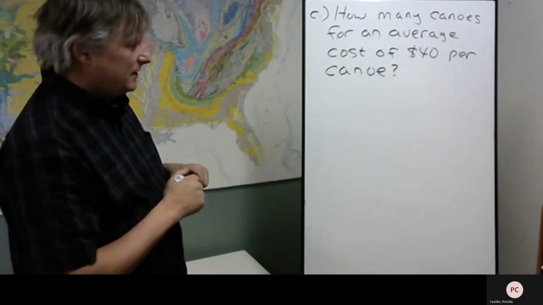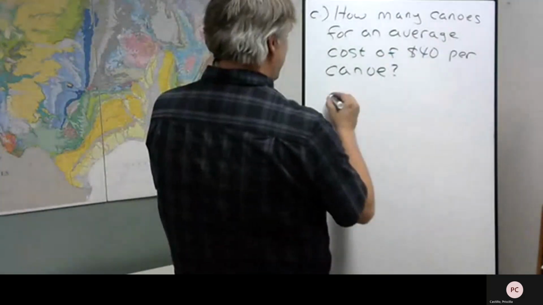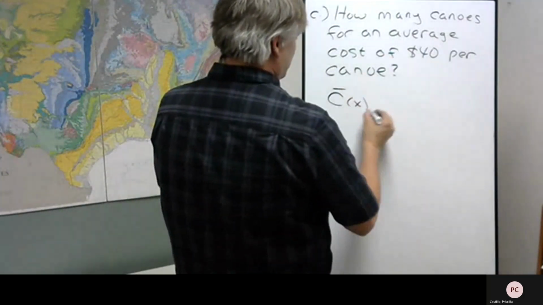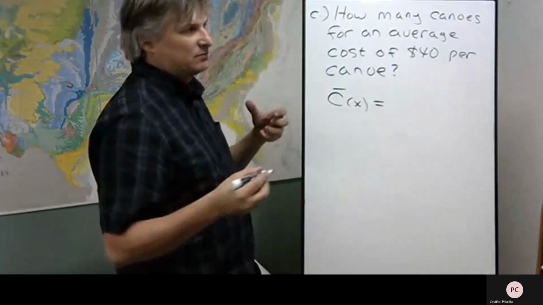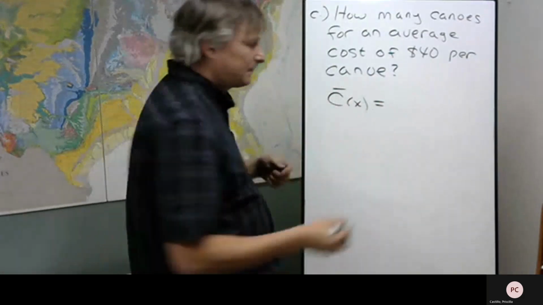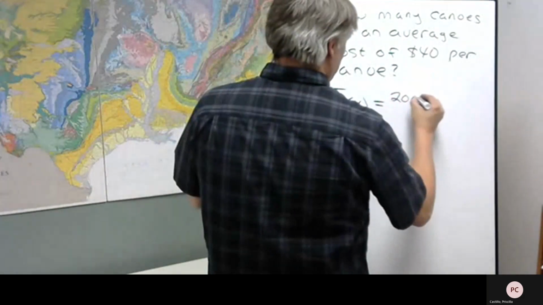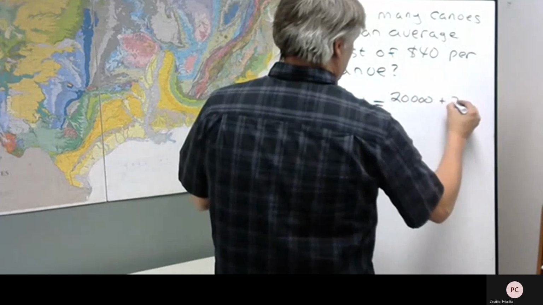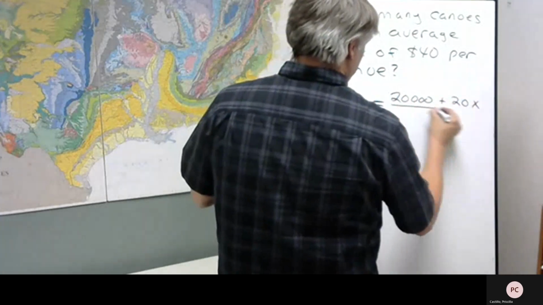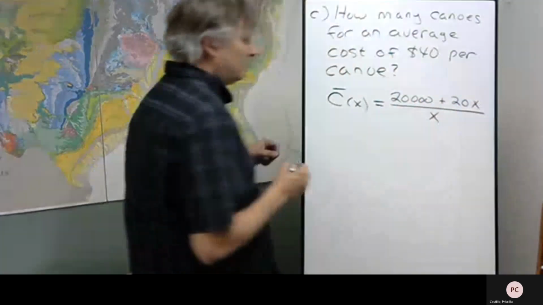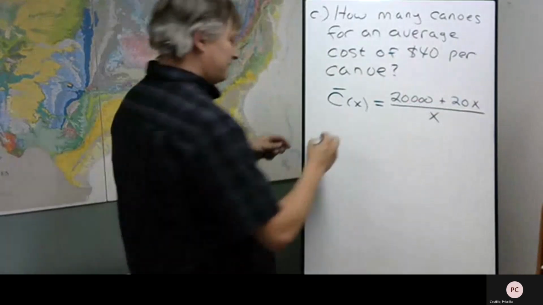So what this means is this. You take this average cost function, which is just the total cost function divided by x. And we let this be 40.